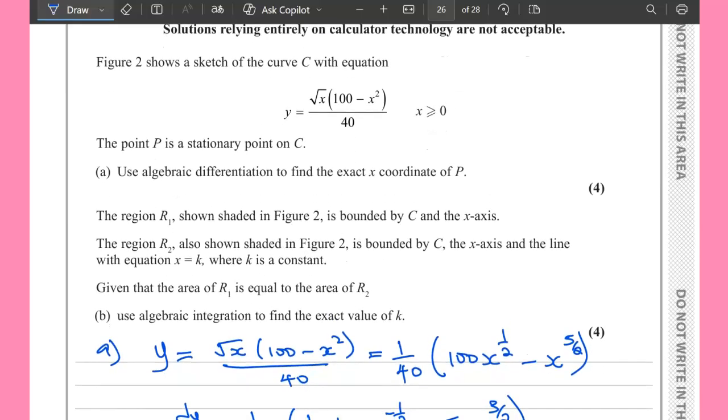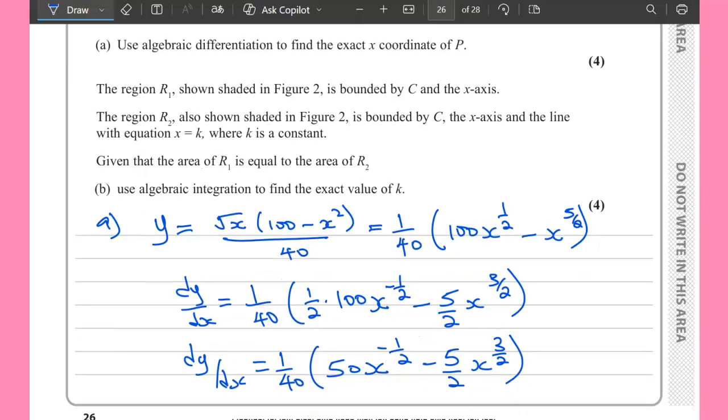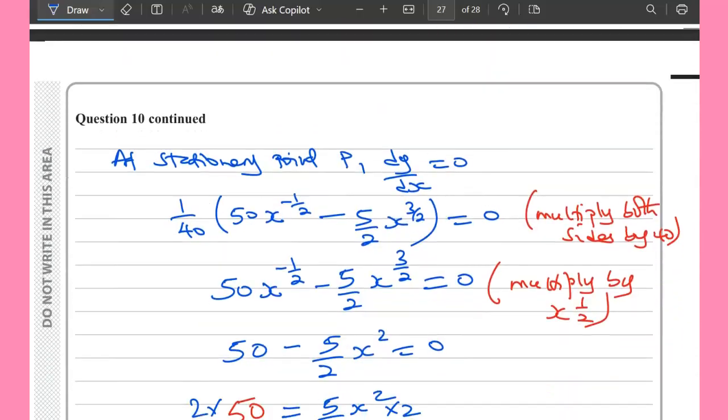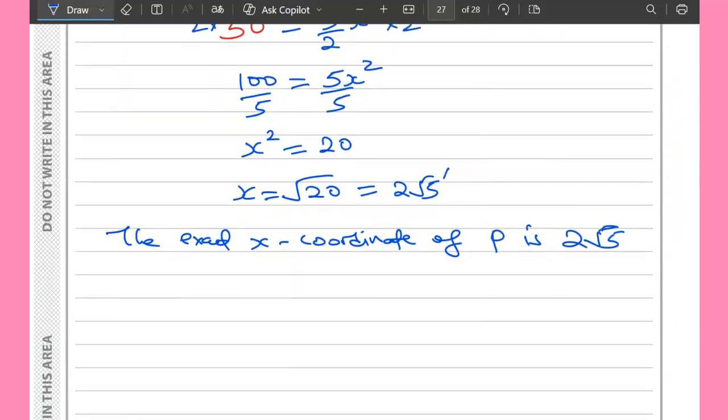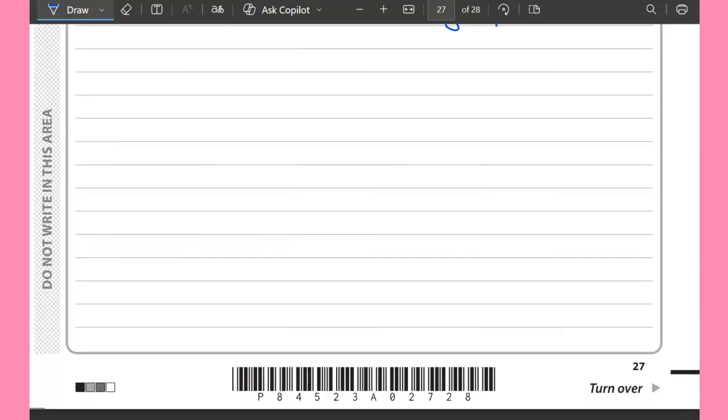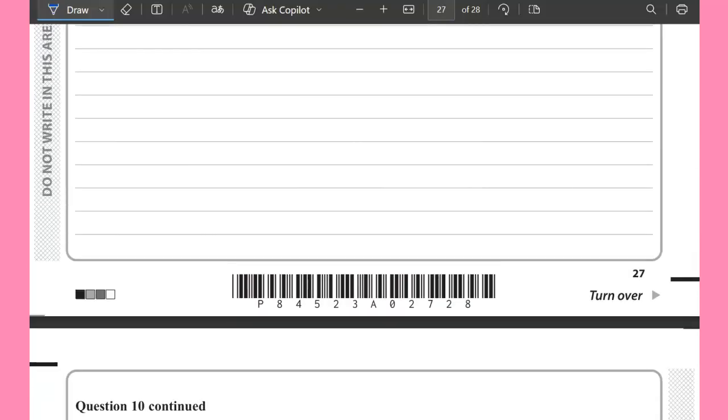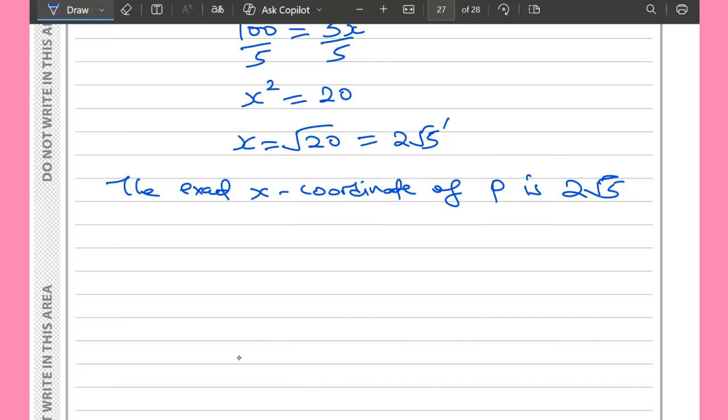So this means that if we equate everything to 0 in this case, so part B, we can say that at the x-axis, y is equal to 0.